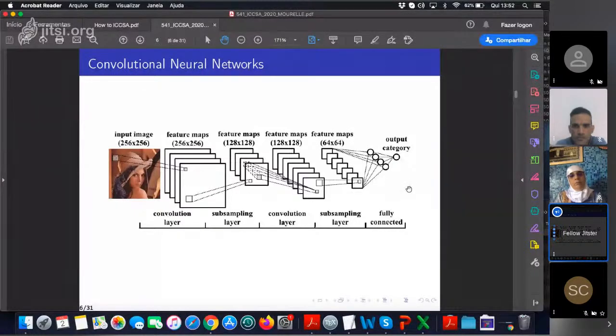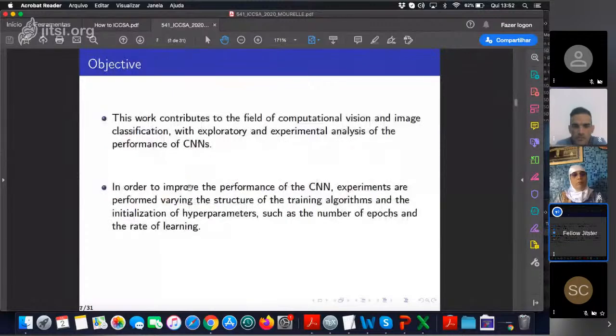So the objective of this work is to contribute to the field of computational vision and image classification with exploratory and experimental analysis of the performance of CNN. So we are addressing here the performance of the CNN. We are not changing the CNN in terms of its architecture, but using the CNN and trying to provide the best performance possible.